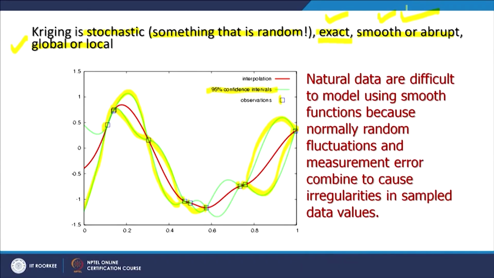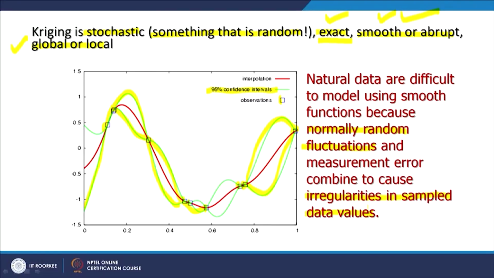As you know, natural data, such as elevation or other characteristics of nature, are difficult to model using smooth functions, because nature may not be like that. Random fluctuations normally exist, especially in terrain like the Himalaya.